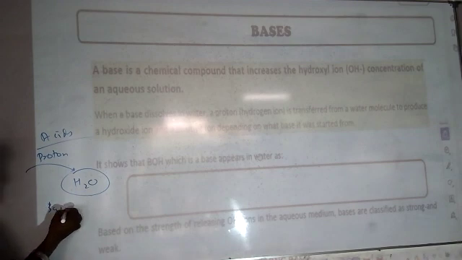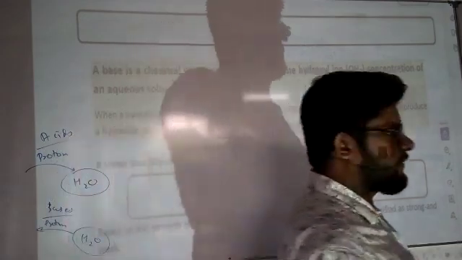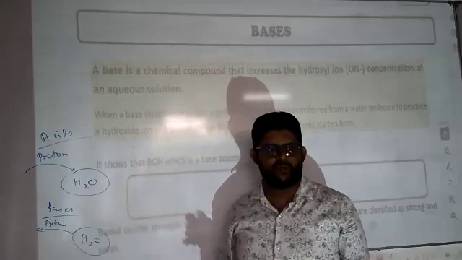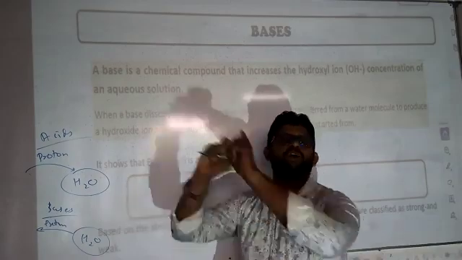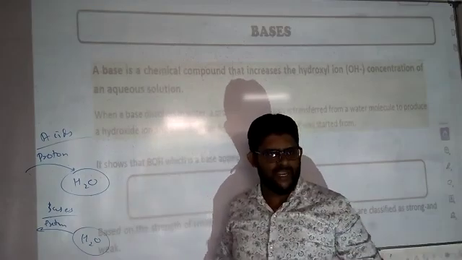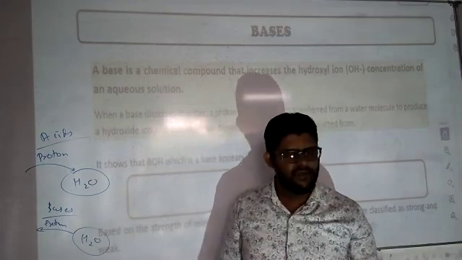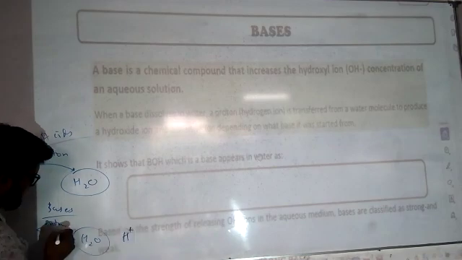In bases, H2O gives out a proton. Earlier in acids, a proton was given to H2O, so it becomes H3O plus. In bases, the opposite: H2O gives out a proton, hydrogen plus.